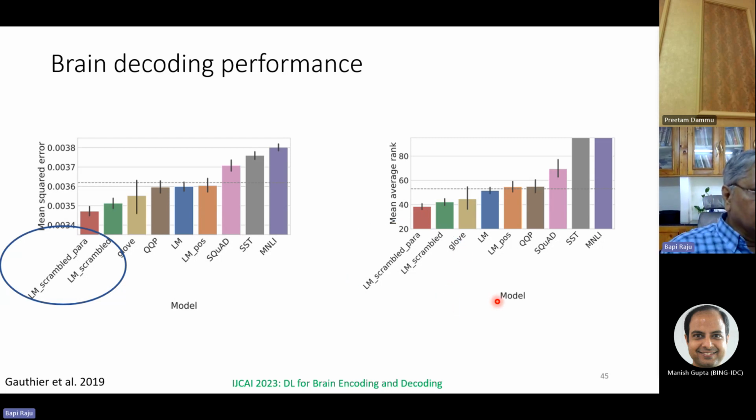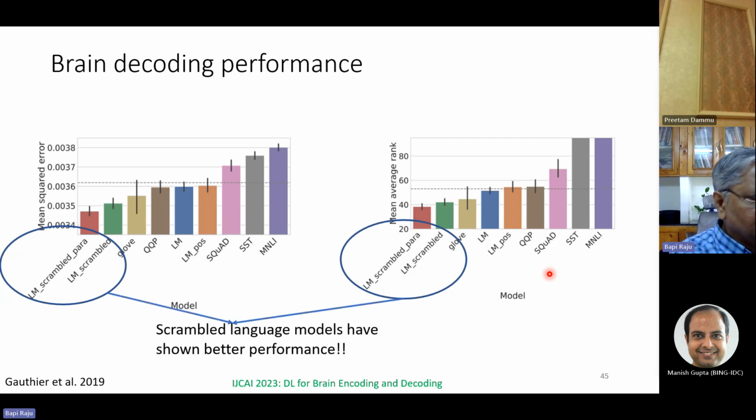So again, the lower this average rank, the better, right? So the para and scrambled models seem to perform much better compared to the other models that try to predict representations from other tasks.